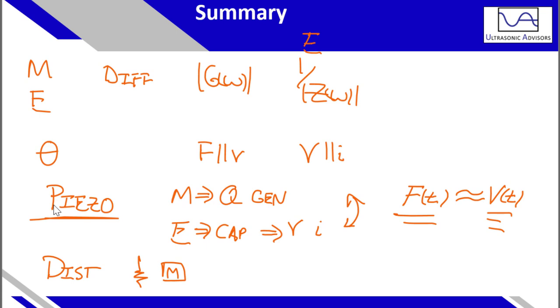So these will be the topics covered in the next video, as well as the topic of anti-resonance, which is a unique phenomenon where the intrinsic response or the static capacitance response of the piezo starts to couple with the electromechanical resonance in a very unique way.